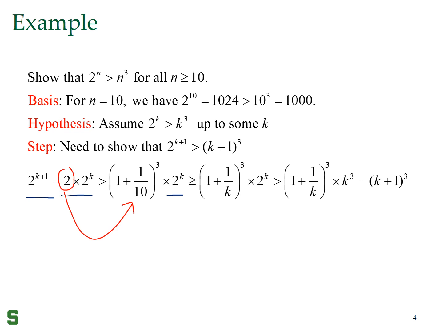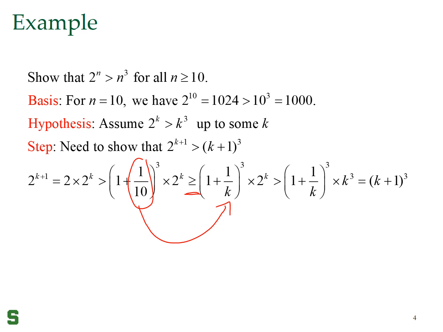So here, first of all, let's observe that this result is actually true, and it is true because 1.1 to the power 3 is 1.331. That is definitely smaller than 2. The next part is we are going to replace this 1/10 by 1 over k, and we are adding the term here greater than or equal to, and the reason we are able to do that is because k is guaranteed to be greater than or equal to 10.